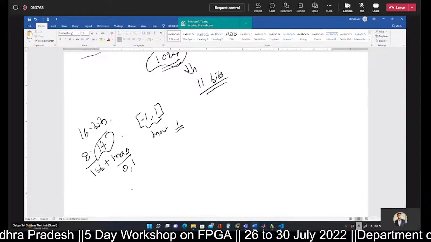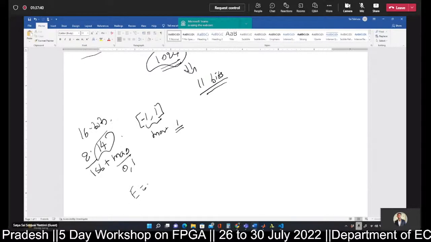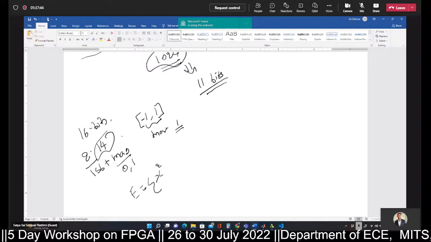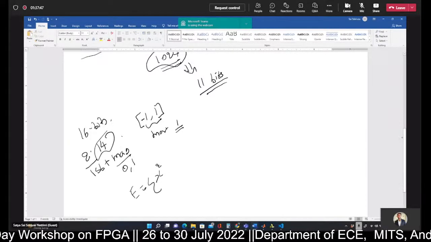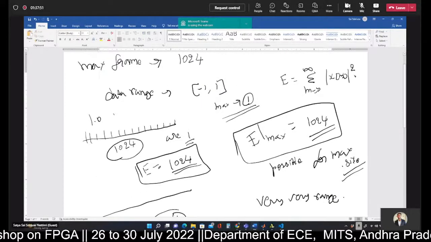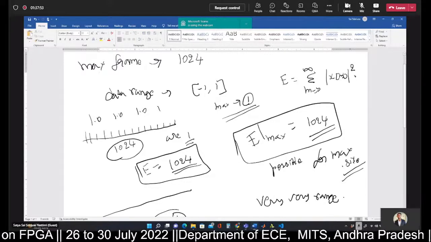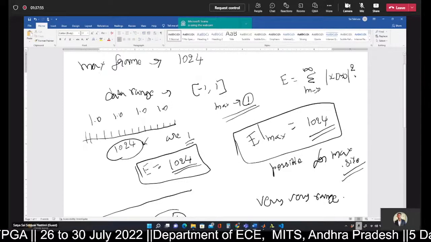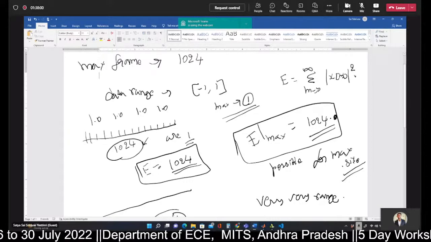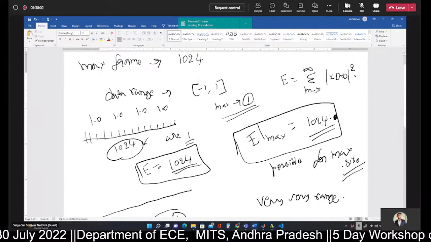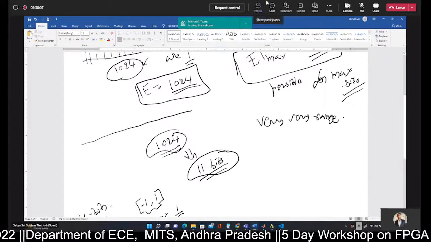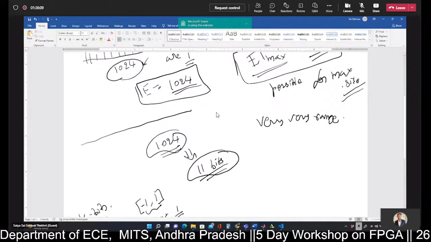So ultimately when you are doing energy equals the summation of x square, in the first scenario we considered all values are 1.0, 1.0, 1.0, 1.0 up to the maximum frame size. That's why we got 1024.0. So in the integer part, to represent this maximum energy we require 11 bits.